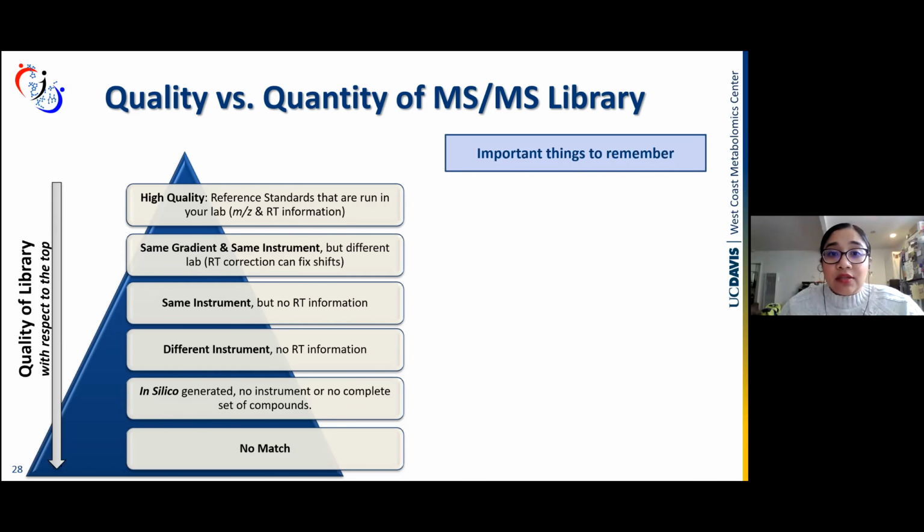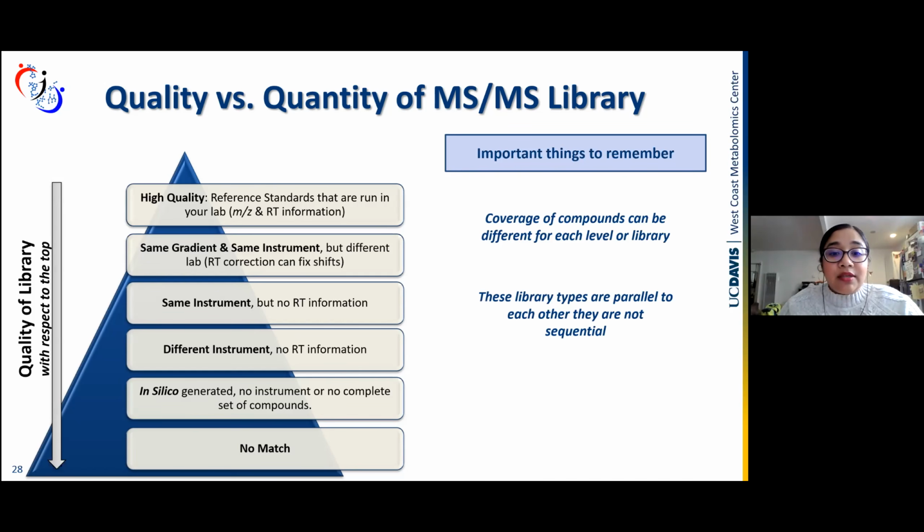So things to remember in this case, any of these types of libraries can have different coverage of compounds, and they can be at a different level. Even though you have library data from the same instrument, maybe it's only for plant metabolites. These library types are parallel to each other. They're not sequential, so you don't go one after the other.